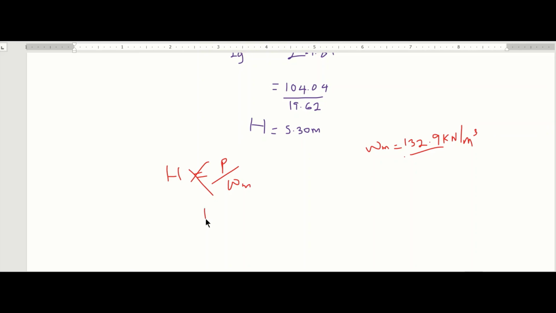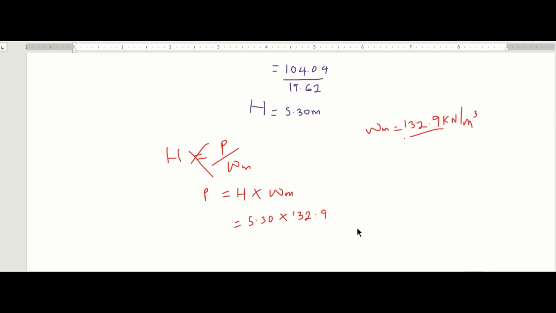So we have pressure is equal to the head times the specific weight of mercury. So therefore our head is 5.30, so 5.30 times the specific weight of mercury, which is 132.9.